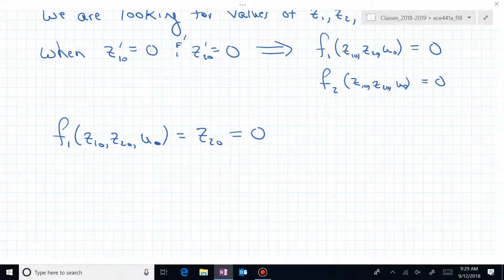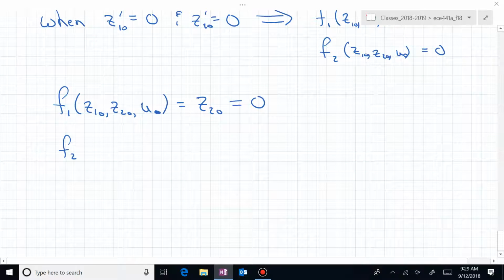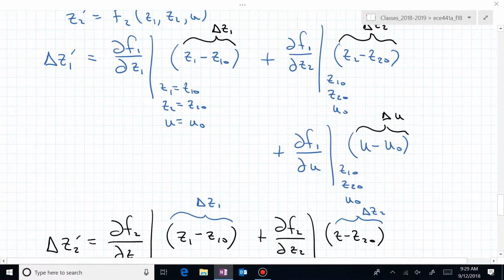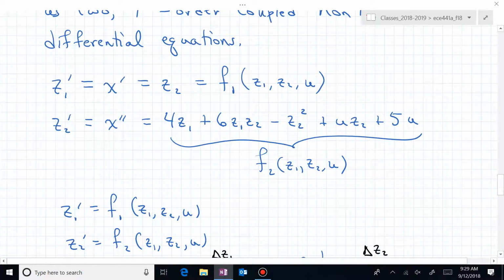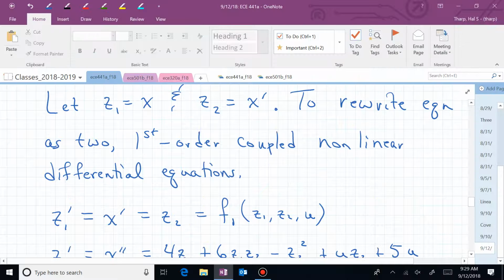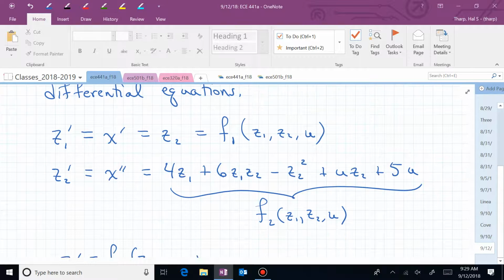Z2 0 is 0. If F sub 2 is 0, let's go back to that involved equation. There's F sub 2, and if we put Z sub 2 equal to 0 in this, do you see that that annihilates that term? Z2 of 0 gets rid of that one.